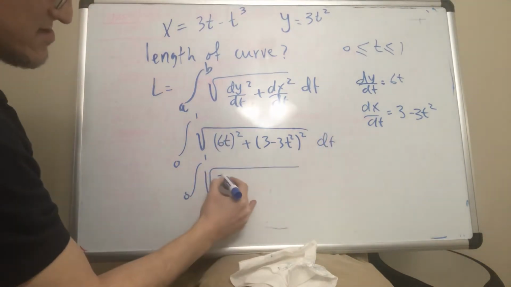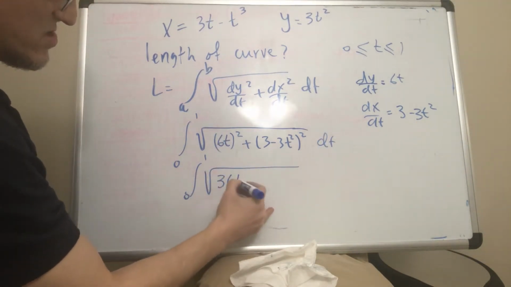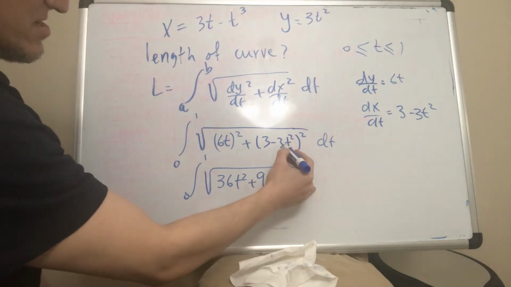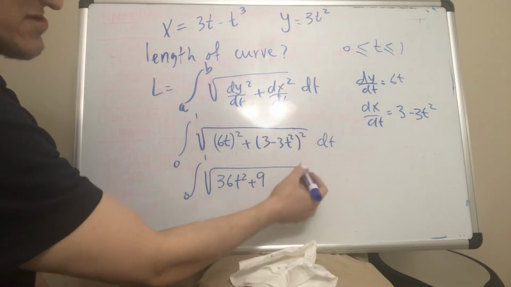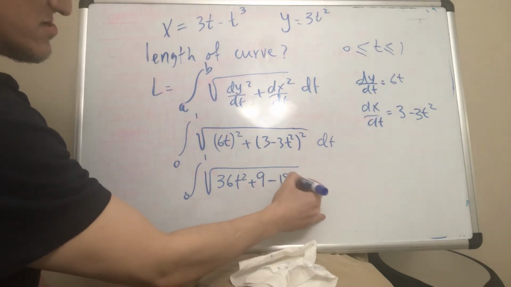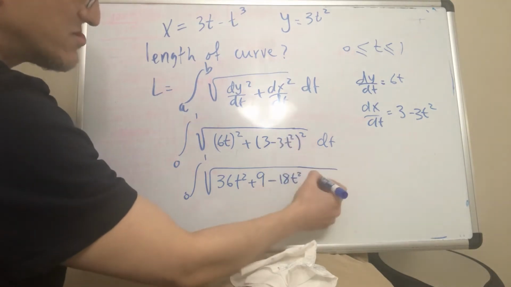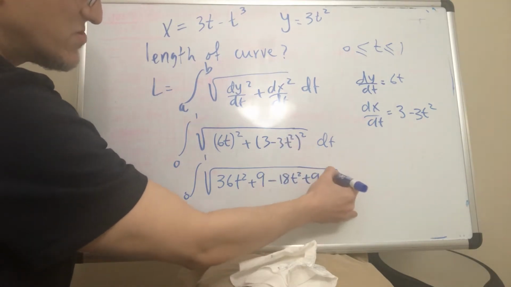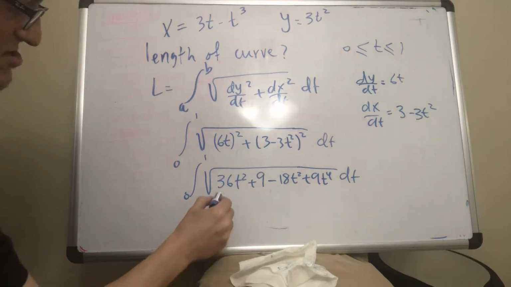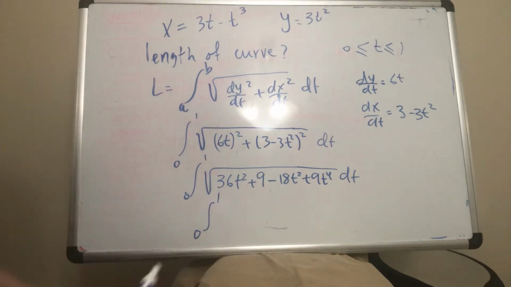Now squaring this is 36t squared. 3 squared is 9. And then you multiply this by 2, you get 18t squared. And you square this, you get 9t^4 dt. So you go from 0 to 1.